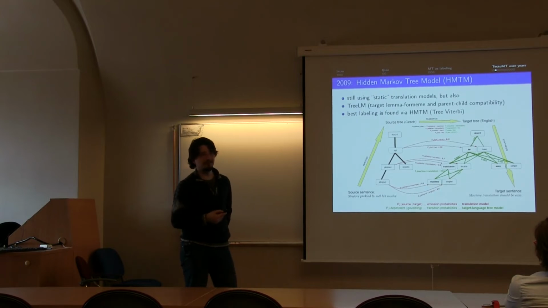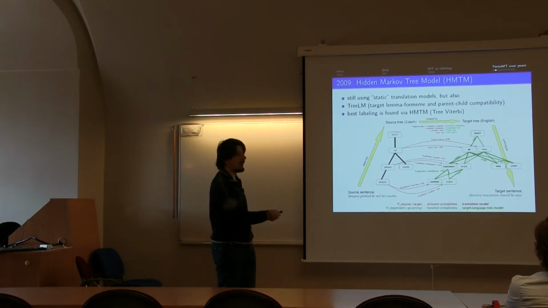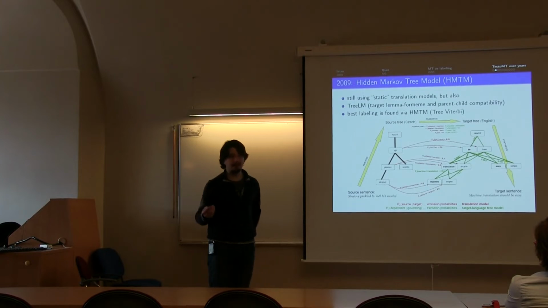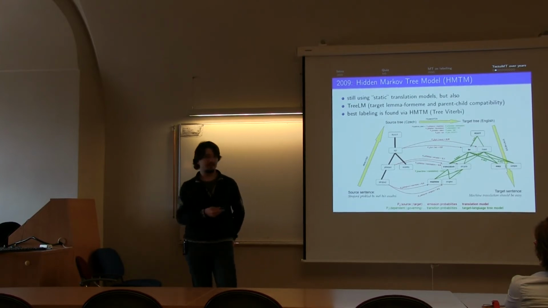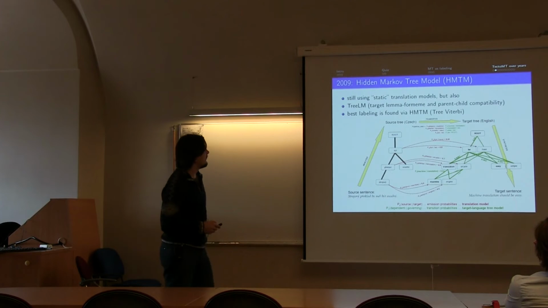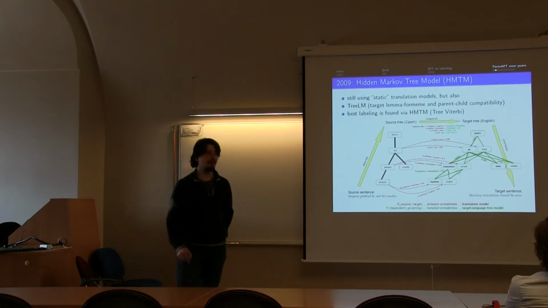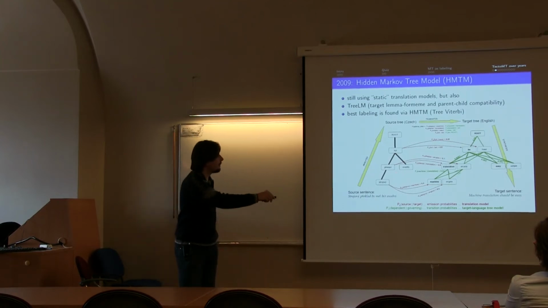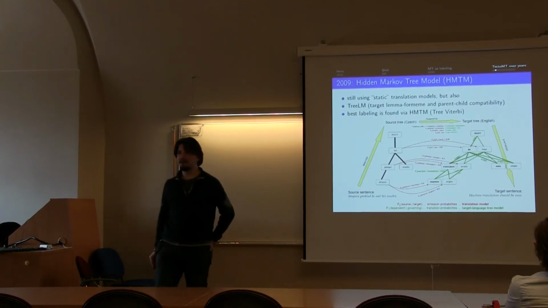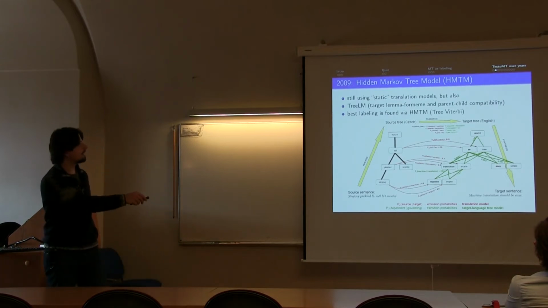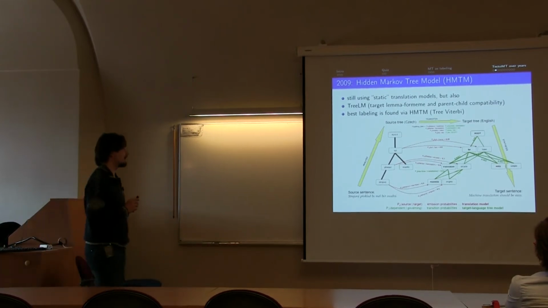The formeme can say noun in genitive case, but the lemma cannot be an adjective for this, this basic compatibility. And also, or more importantly, the compatibility of parent and child in the dependency tree. So it selects the globally optimal labeling of the tree. The Viterbi algorithm is used for this.